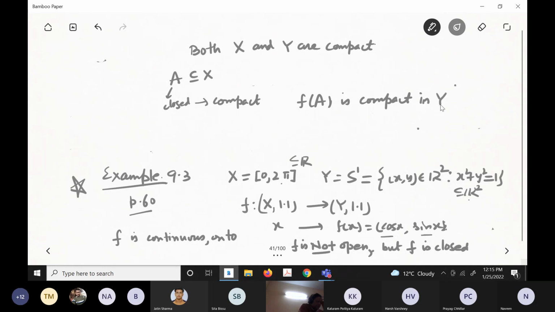But in a Hausdorff space, every compact set is closed. Here, everything is a metric space, so this is closed. This is one way. If you know the idea of compactness, you can use that to prove it immediately. Okay, so this is closed.